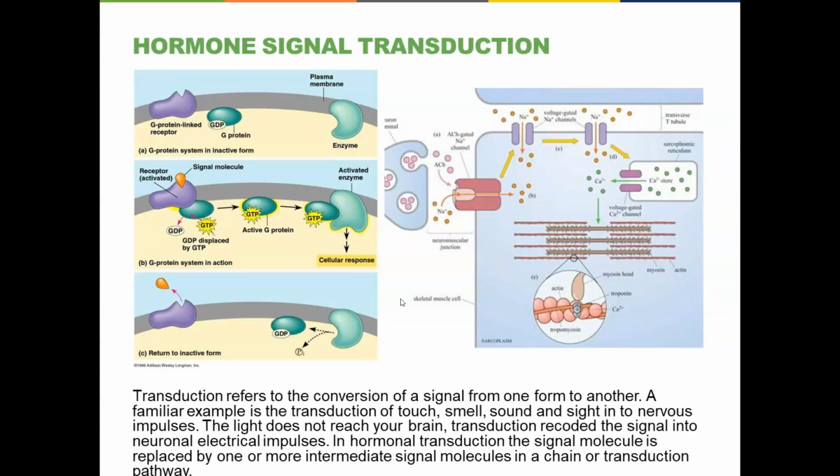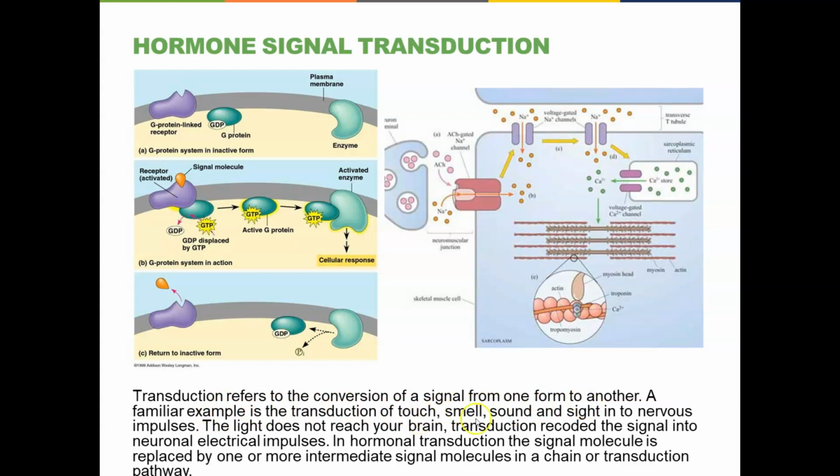All right, a little bit about transduction. So signal transduction is the process of taking information in one form and converting it to another form, right? Conversion of a signal from one form to another.